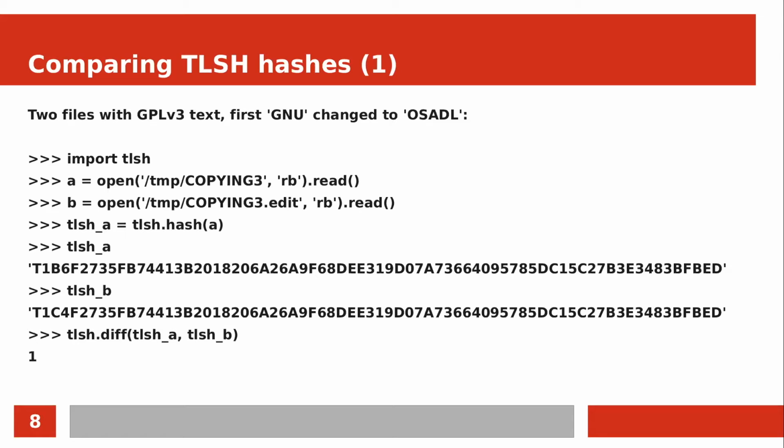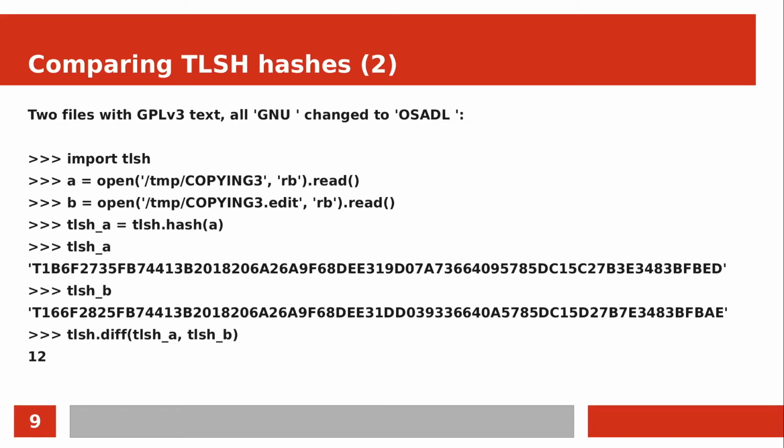There's first some setup code where I import the library, then I read the content, and then I compute the hashes for each of those. You can see that those hashes are very similar except for the first few characters. For the rest, they are completely identical. If I then compare them, TLSH tells me that there is a distance of 1, which means very, very close.